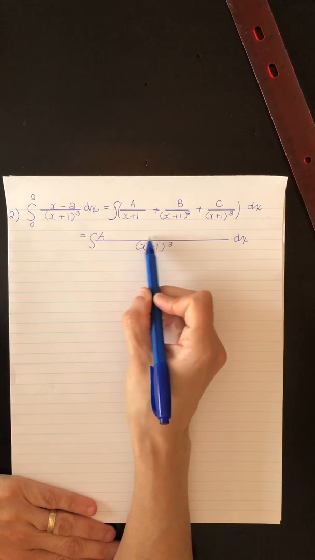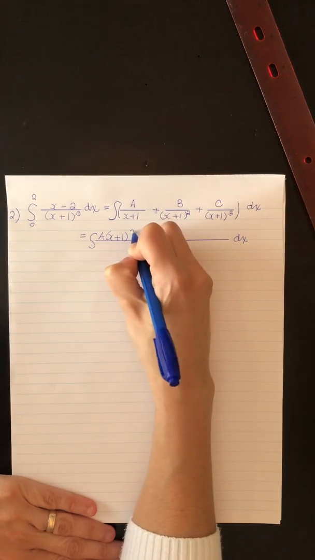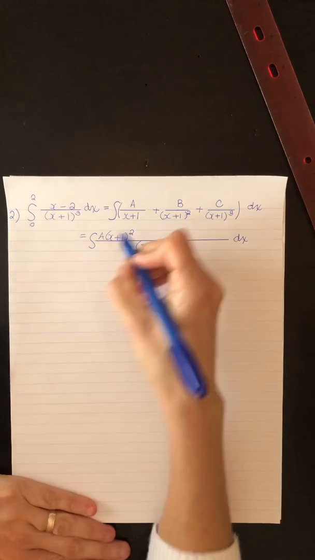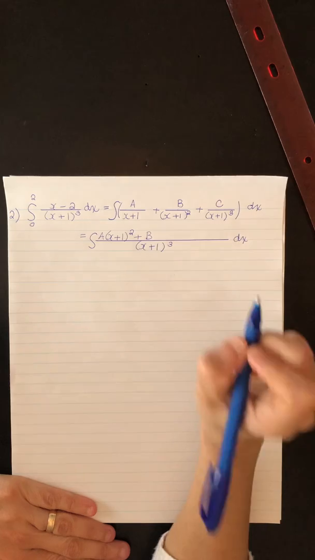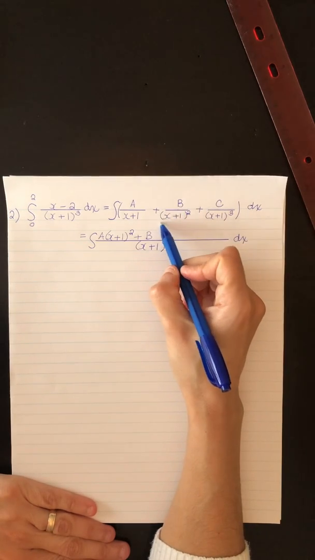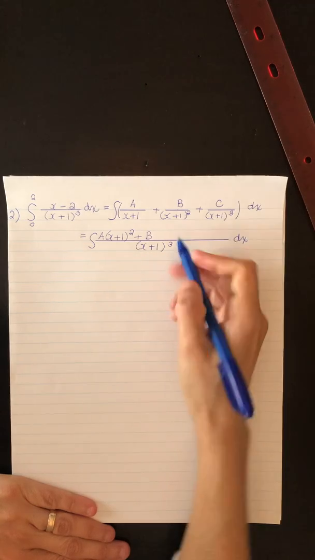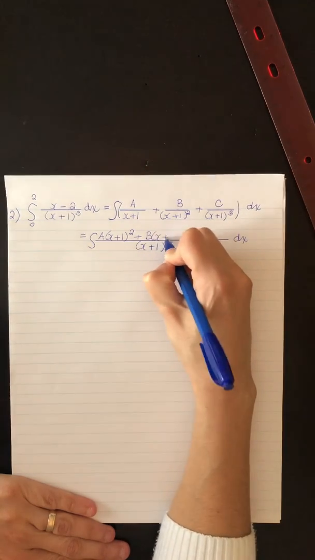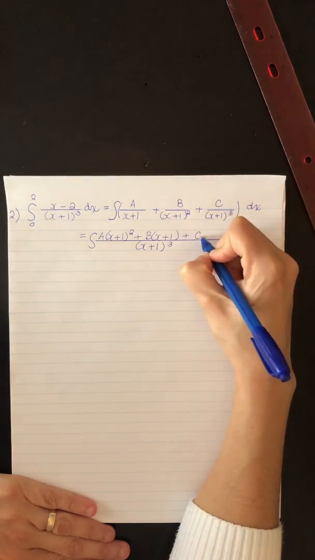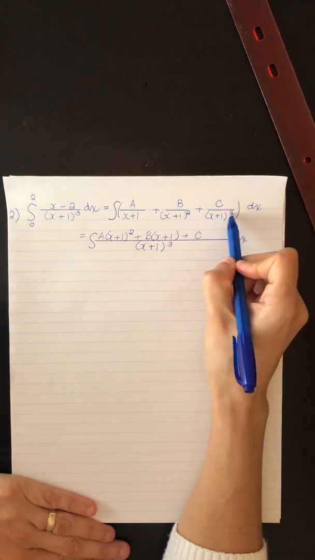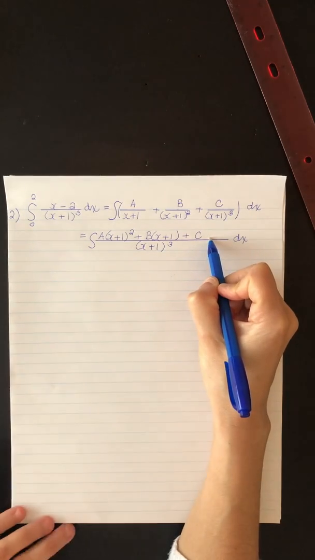In moving to this denominator, it requires x plus 1 all squared. Go on to plus B. Look what's under it currently. Look what we're heading toward. It needs an x plus 1 factor. Lastly, we have plus C. It already has the correct denominator, so there will be no factor here.